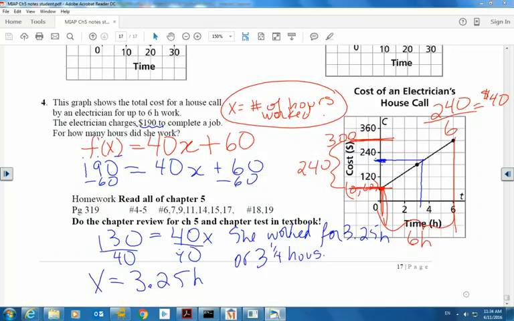Make it make sense. 3.25 hours, or how else can I say it? 3 hours and 15 minutes. Okay? So either one of those is fine. So we can look at it graphically. We could also look at it as an equation and solve it like that.